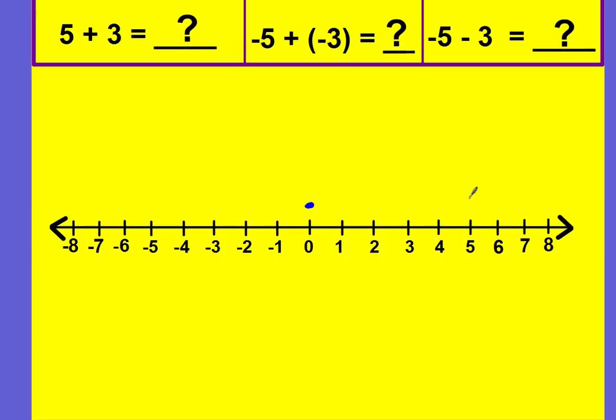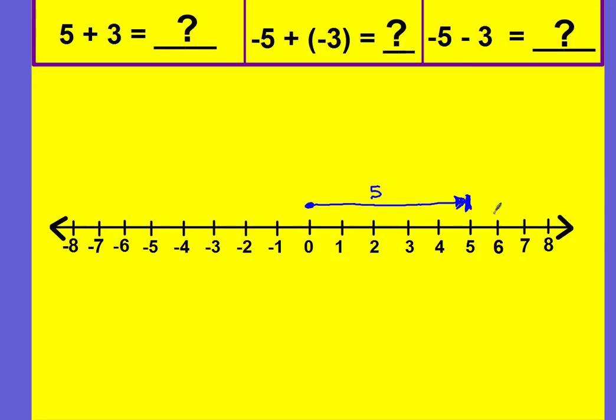So I'm going to stop. I always like to draw my stop line first. I'm going to stop right here. So I draw my line, and I'm going to show that my first integer was a 5. My second integer is also positive. It's a +3. Since we're going in the same direction, which is to the right, and you can draw arrow lines if you want to show the direction.